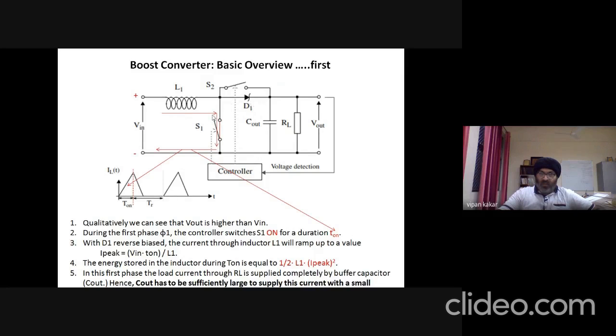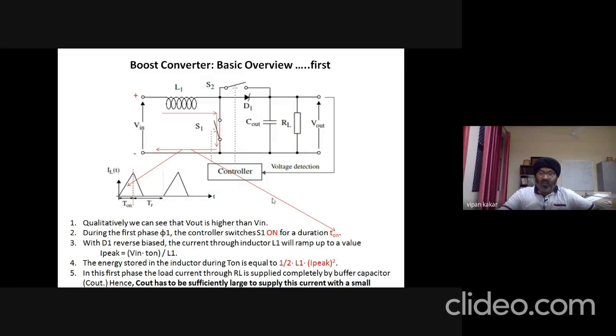When switch S1 gets closed or turns on, D1 gets reverse biased and the path of the current is shown by the red arrows over here. For the input supply voltage, this is the positive potential, and this is the negative terminal of the DC supply.